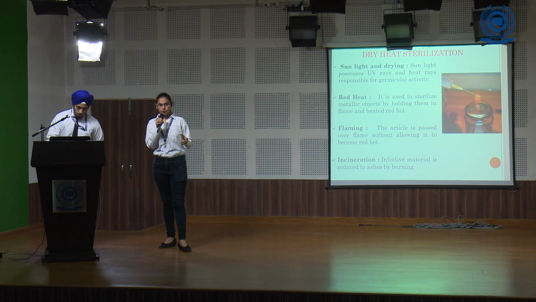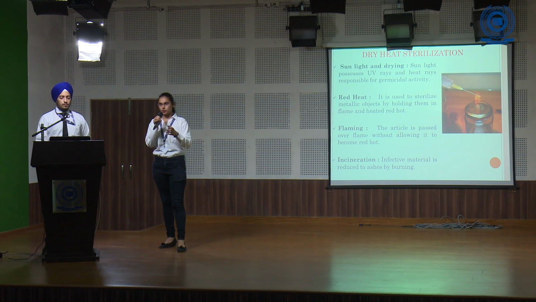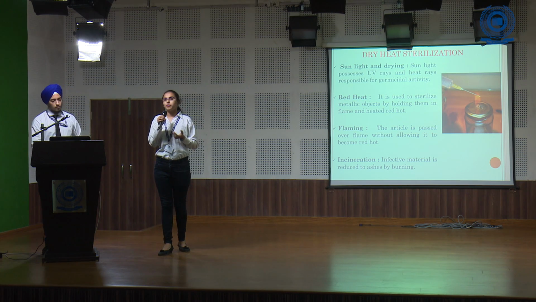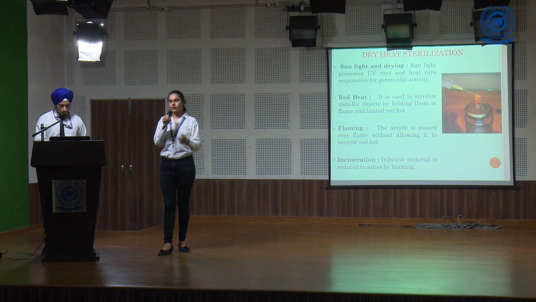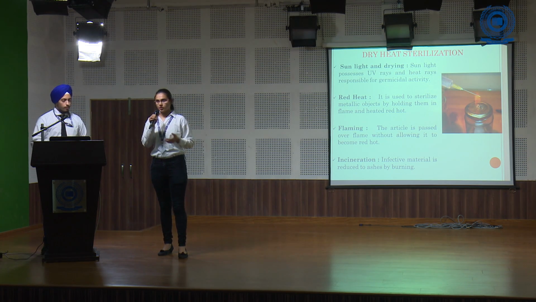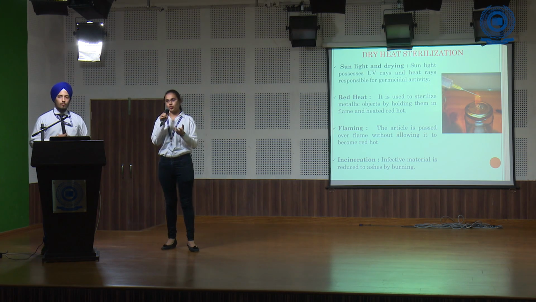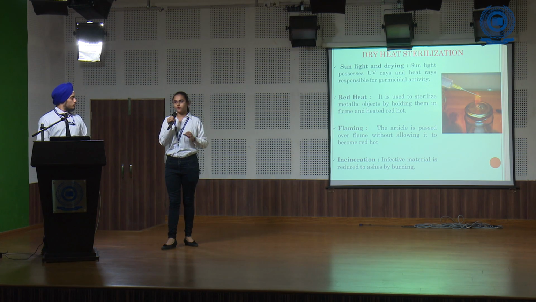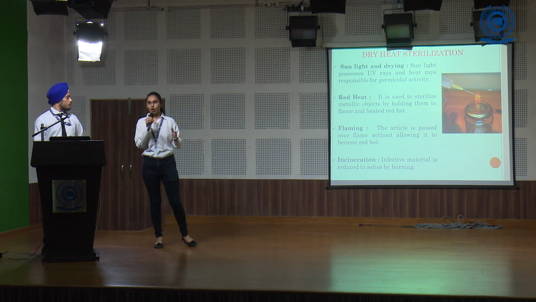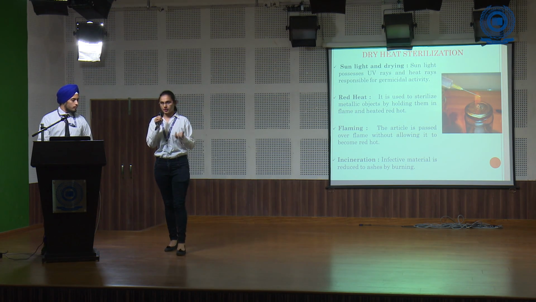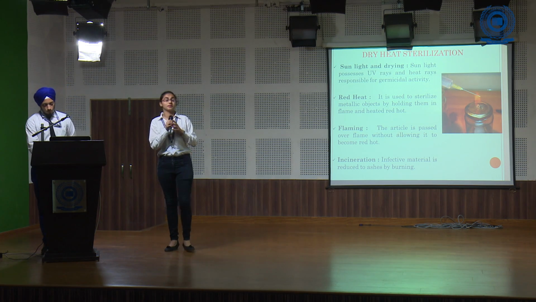In red heat, we put the article we are using on the flame until it becomes red hot. Examples in the laboratories are inoculating needles and inoculating loops, which are used for the preparation of culture media like nutrient broth, nutrient agar, blood agar, glucose broth, etc. In flaming, we just pass the article over the flame without allowing it to become red hot, for example a glass slide, so that it does not break and it is sterile and free from all microorganisms.